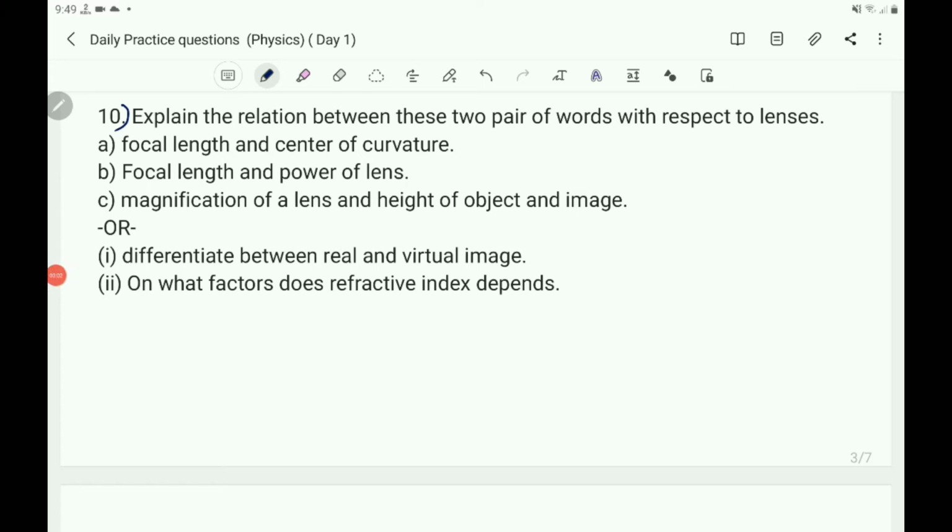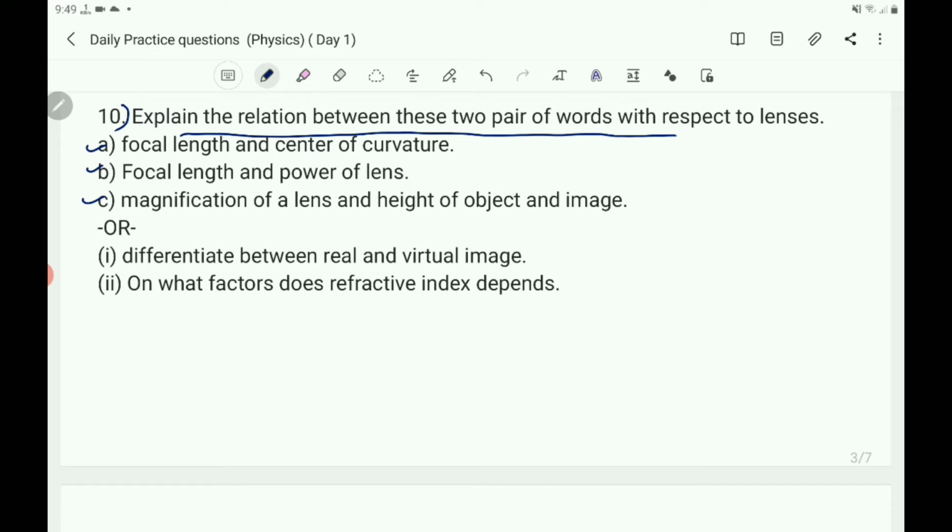Now this is the 10th question. Explain the relation between these two pairs of words with respect to lenses. First one is focal length and center of curvature. Second, focal length and power of lens. Third, magnification of a lens and height of image and height of object. So focal length and center of curvature.